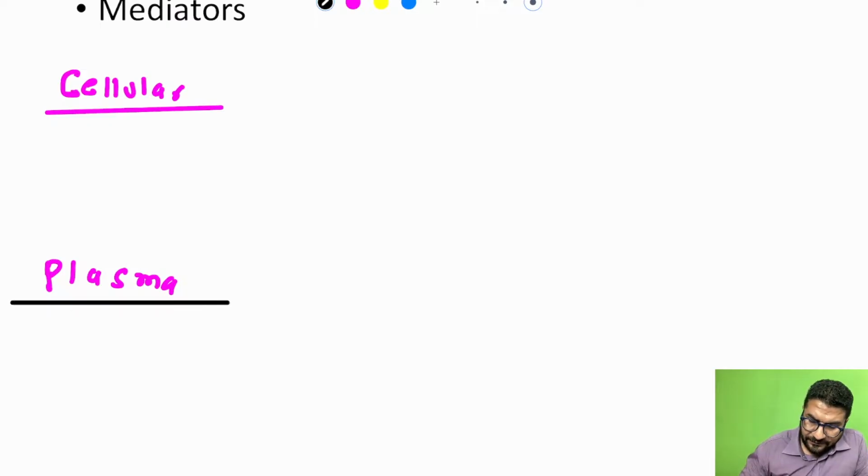So in the cells what do we have? We have histamine. What else do we have?